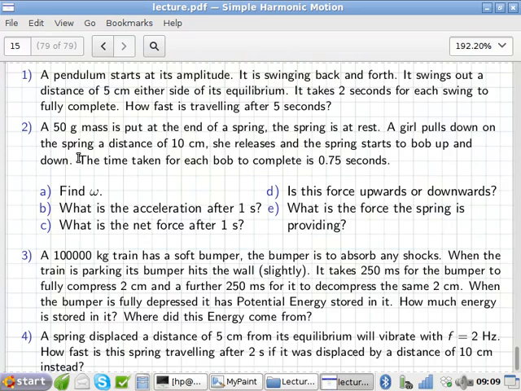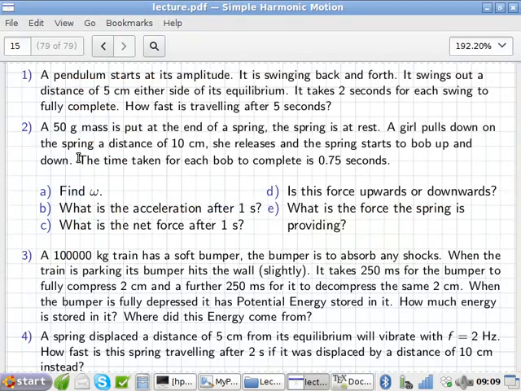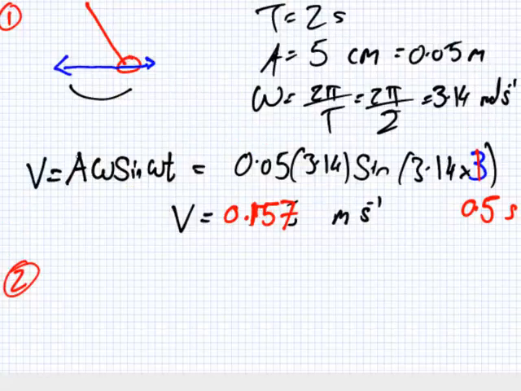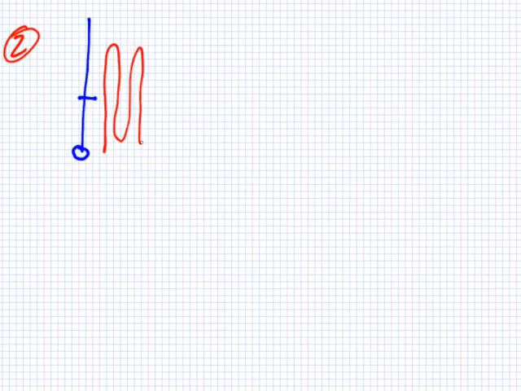A 50 gram mass is at the end of a spring. She pulls down on the spring at a distance of 10 centimeters and releases, and it starts to bob up and down, with a period of 3/4 of a second. So it's going to go back up and down and up and down.